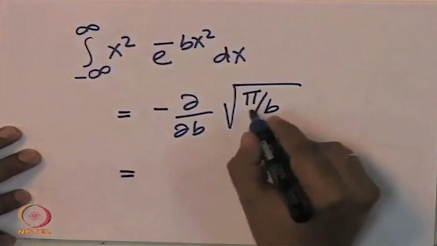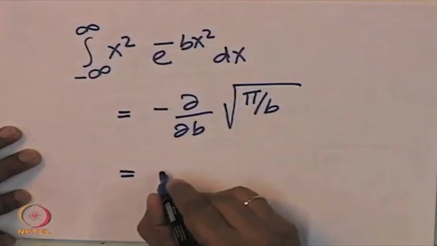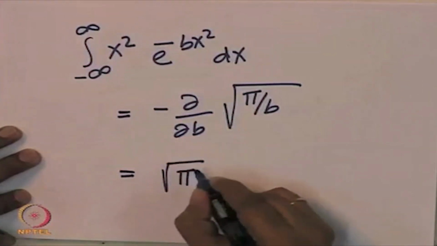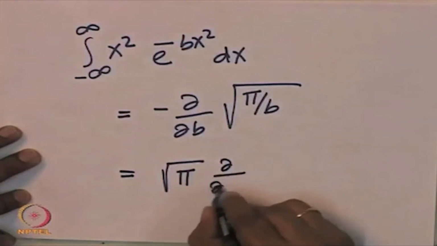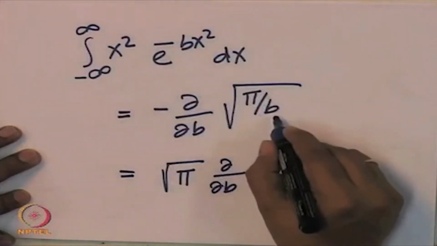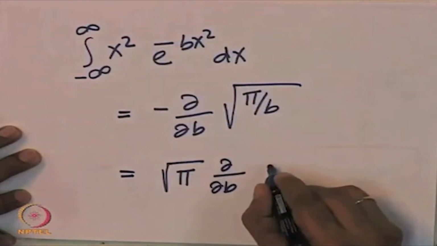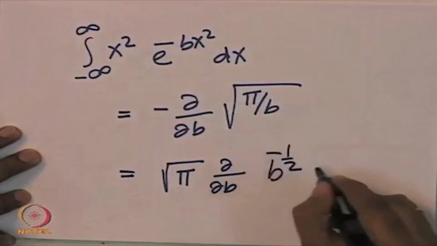There is a root pi there, then del by del b of 1 over root b. 1 over root b can be written as b power minus half.